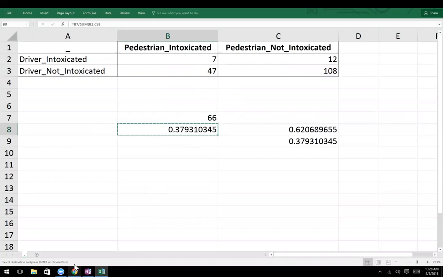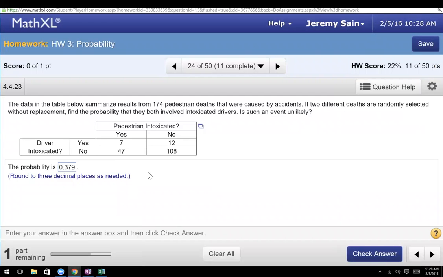Okay. So let's go back to the problem and actually read it this time. It says, if 2 different deaths were randomly selected without replacement, find the probability they both involved intoxicated drivers. So we just did one crash that involved intoxicated drivers. That's like the first half of it. For the second crash, since it's without replacement, we're going to lose 1 off the top and 1 off the bottom, right?